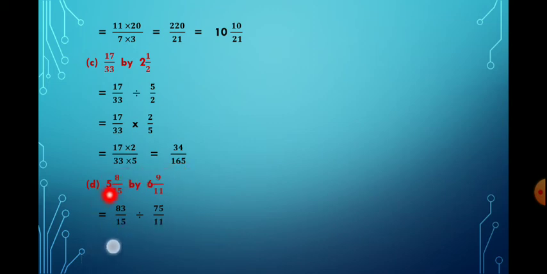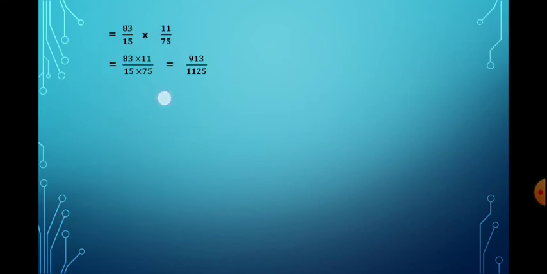Number D, 5 8/15 divided by 6 9/11, converting the mixed fractions into improper fractions. So 15 5s is 75 plus 8 is 83/15. 6 multiplied by 11 is 66 plus 9 is 75/11. Now converting the division sign into multiplication sign. So 83/15 multiplied by 11/75.